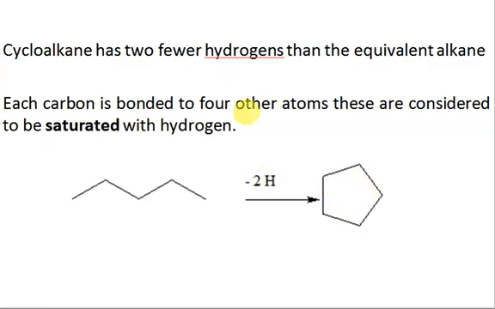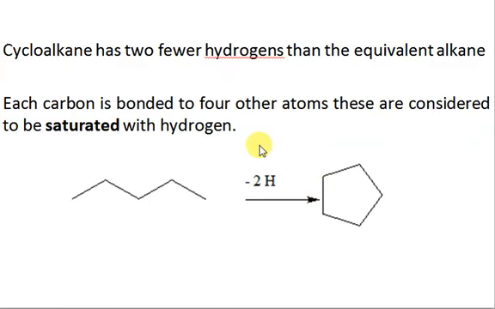So all the cycloalkanes have 2 hydrogens less than the alkanes, but still they are considered saturated. So why are cycloalkanes considered saturated although they have 2 hydrogens less? The reason being that in cycloalkanes each carbon is bonded to 4 other atoms, right? So since each carbon is bonded to 4 other atoms, it means each carbon is singly bonded.